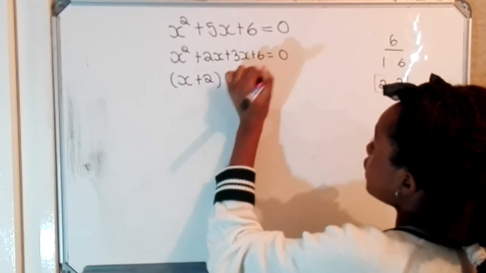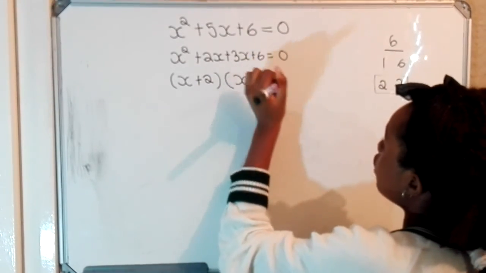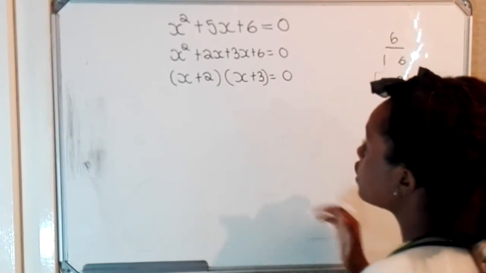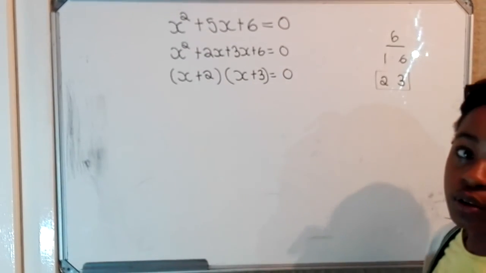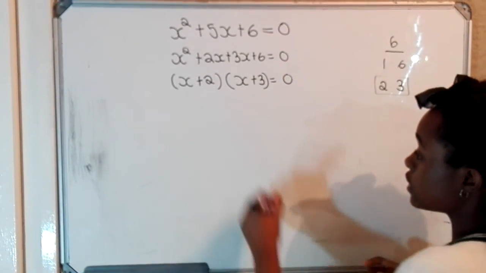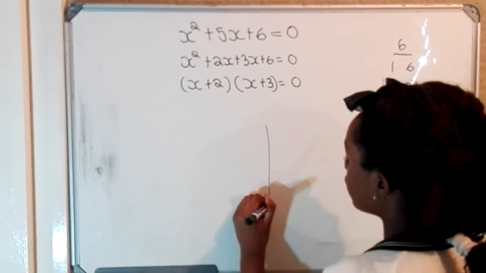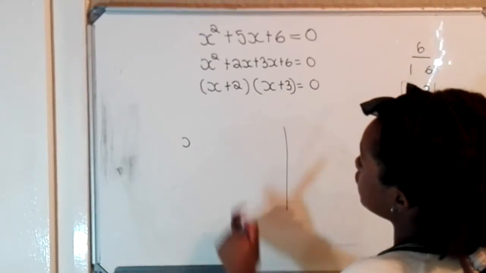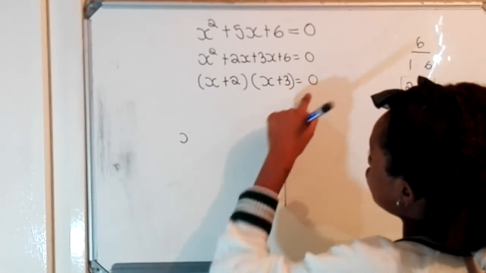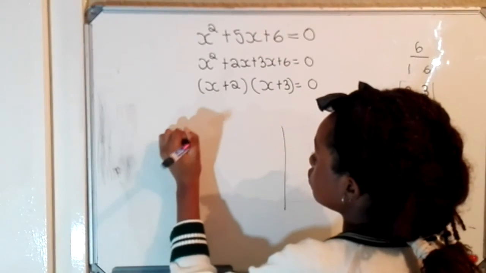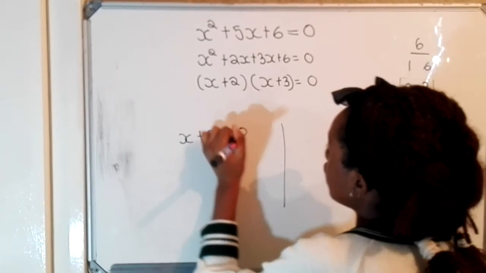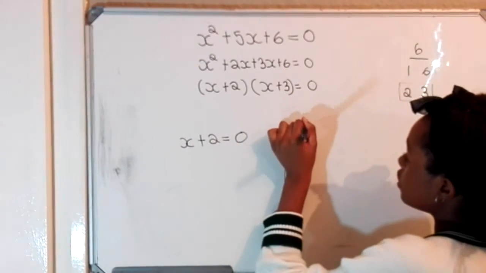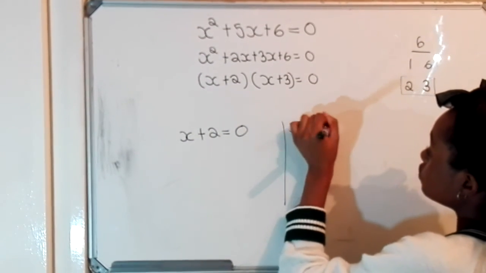So this is the factored answer, okay, which is equal to 0. So now we're familiar with this. We can now go and find the values of x. So we'll have two answers here. So I'll draw a line over here. Let's take each factor and set it equal to 0. So we'll have x plus 2 is equal to 0, and we'll have x plus 3 is equal to 0.